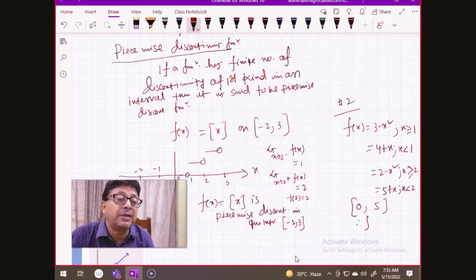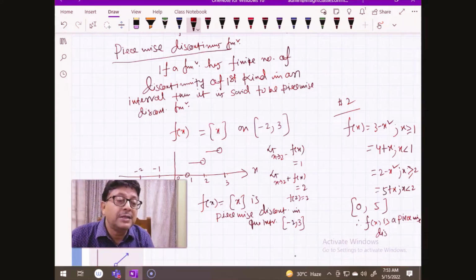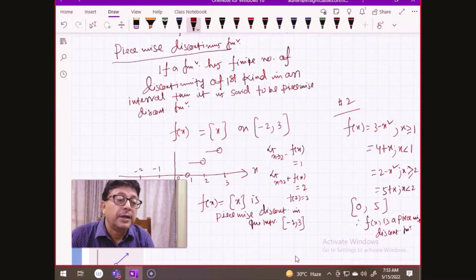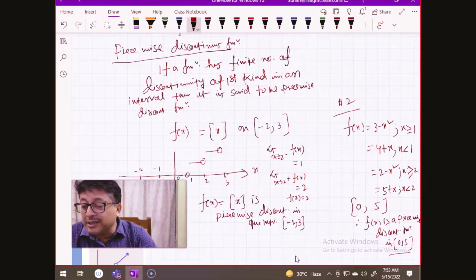So it is discontinuous at 1. Similarly at 2, the right hand limit is -2, the left hand limit is 7, and the functional value is also -2. They are not equal, therefore f(x) is a piecewise discontinuous function in 0 to 5. Over this interval, it has 2 points of discontinuity. That's why it is a piecewise discontinuous function. Alright.